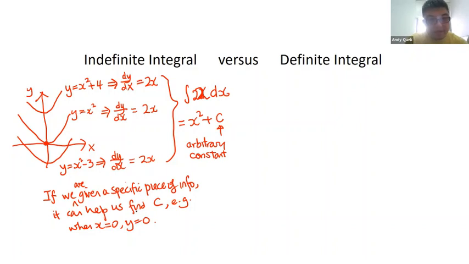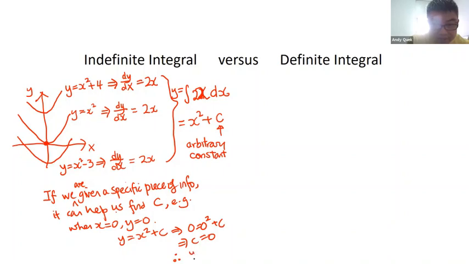When you apply it, y equals x squared plus c would imply 0 equals 0 squared plus c, and then c equals 0.